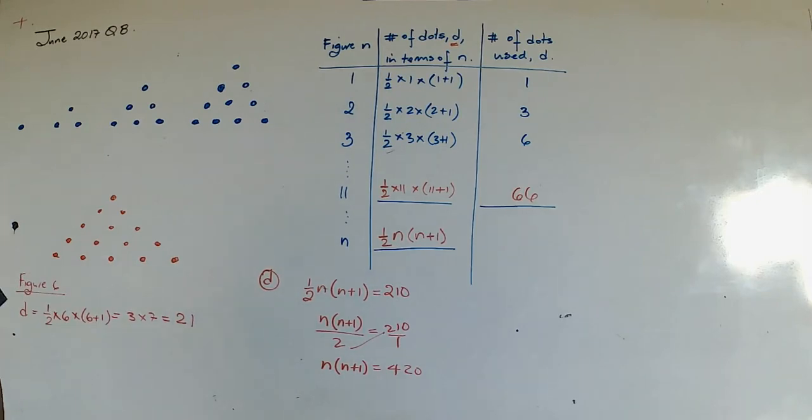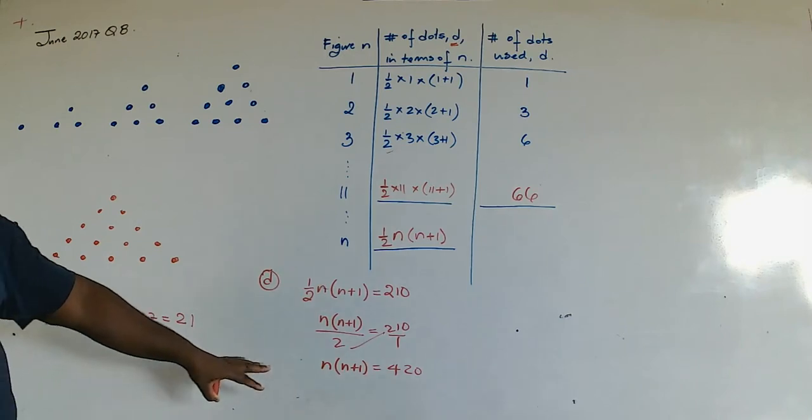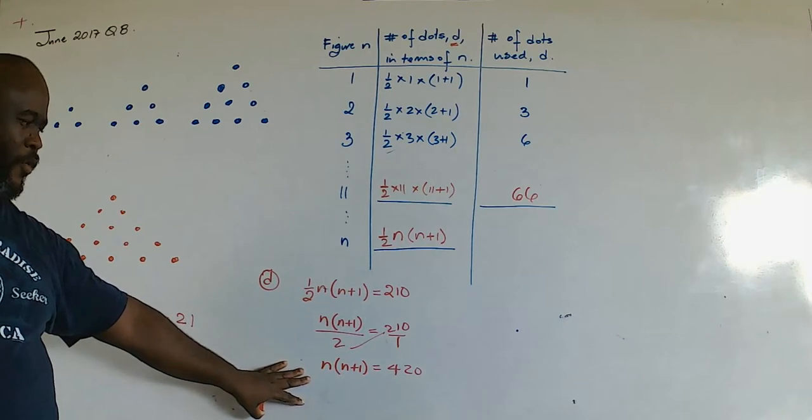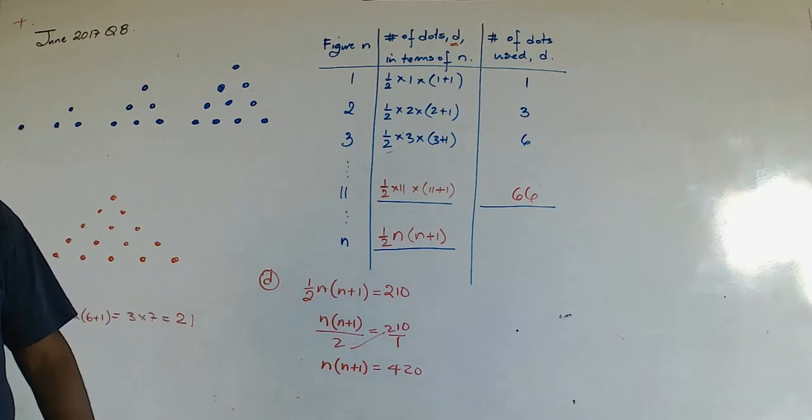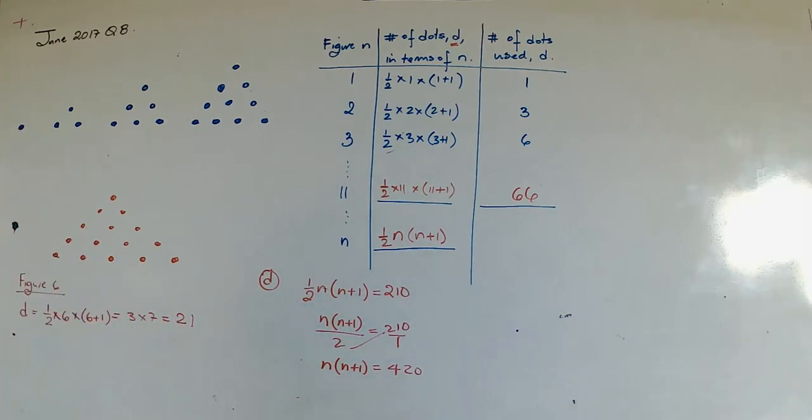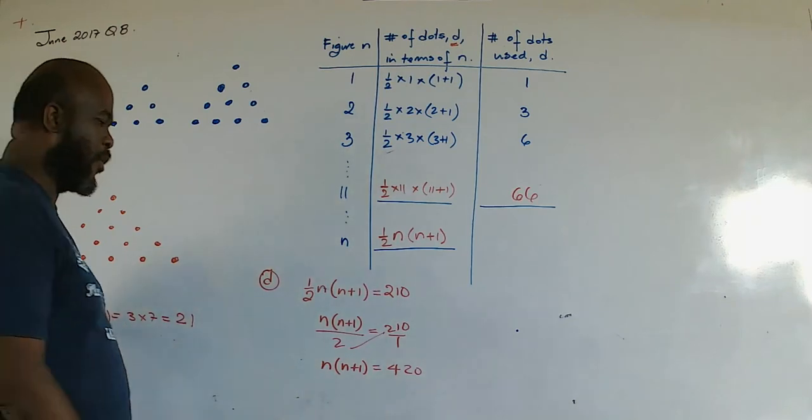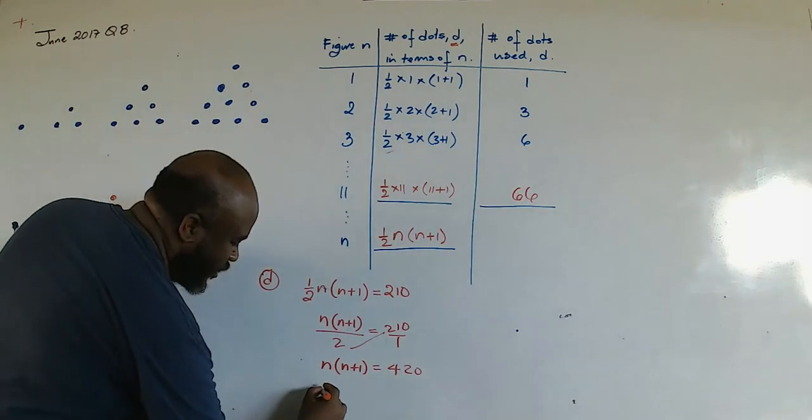Which two numbers multiply together? What is 20 squared? What is 20 times 21? So the two numbers are n and n plus 1.